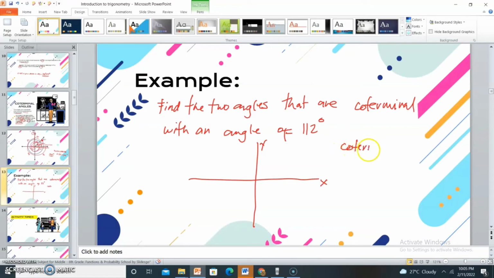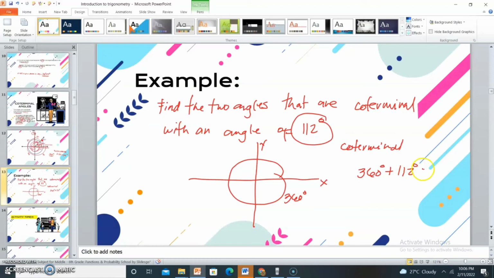Since one rotation is 360 degrees, just add it to the angle of 112, equals 472.